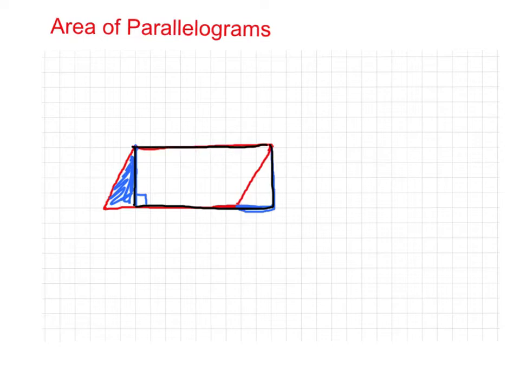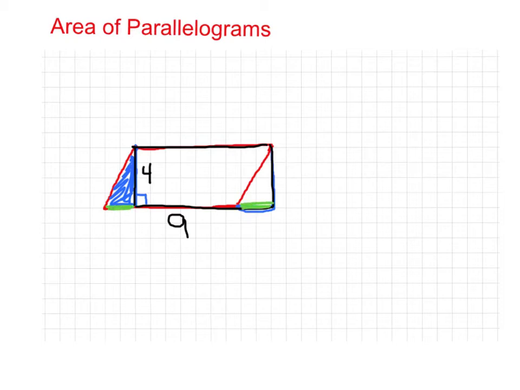So if I take these measurements, and let's say I know my height is 4, and my base is 9. Let's say this is 9. Okay. Keeping in mind that, let's go and use a different color, the two units here were moved over to here.